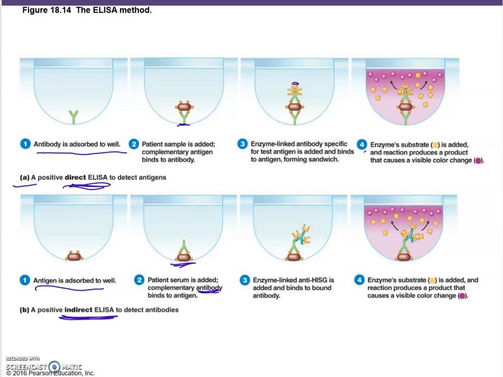And then the secondary antibody will find the primary antibody. That secondary antibody is linked to an enzyme, and it produces a color reaction. So the enzyme substrate will create a visible color change.